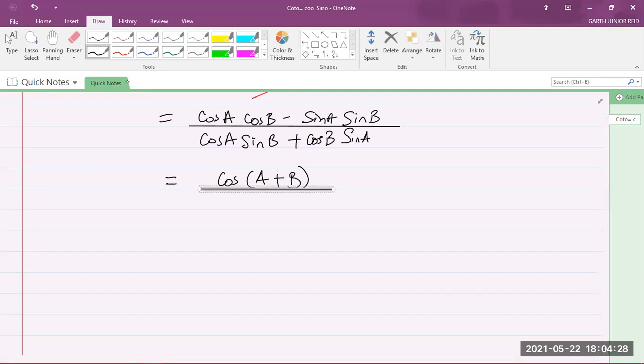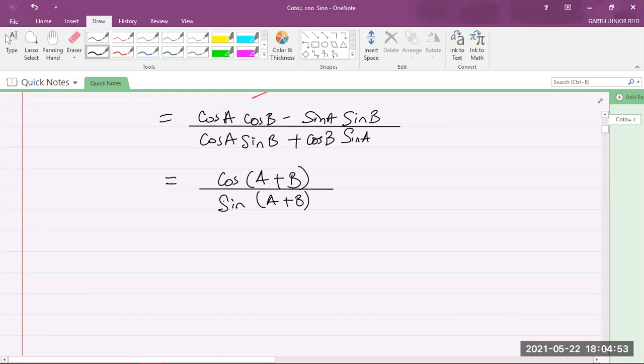In the denominator, we have cos A sine B plus cos B sine A. Do you know any identity for that one? You should recognize that it is the same as the sine of A plus B. If you expand the sine of A plus B, you will get that in the denominator.